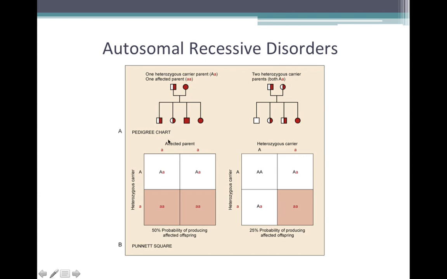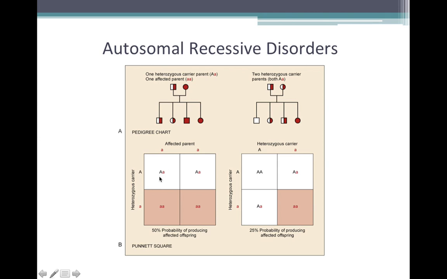So let's say we have one affected parent who has kids with a carrier of the defective gene. If they're a carrier, they don't express the disease because they still have one good copy, hence the big A. We can set up this little grid here and figure out the probability of an affected parent having children with the disease if they mate with a carrier.